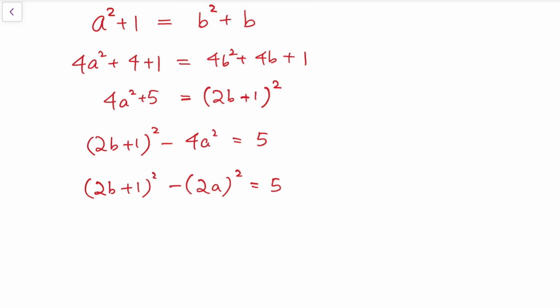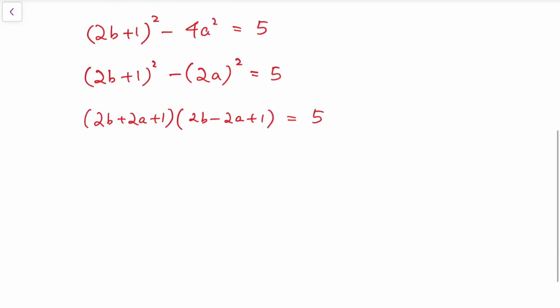Now, I have 5 equal to a difference of squares, and not just squares, but squares of positive integers. So we can factorize it into a product of two integers that's equal to 5. Because the product is a very small integer, there are only very few possibilities.